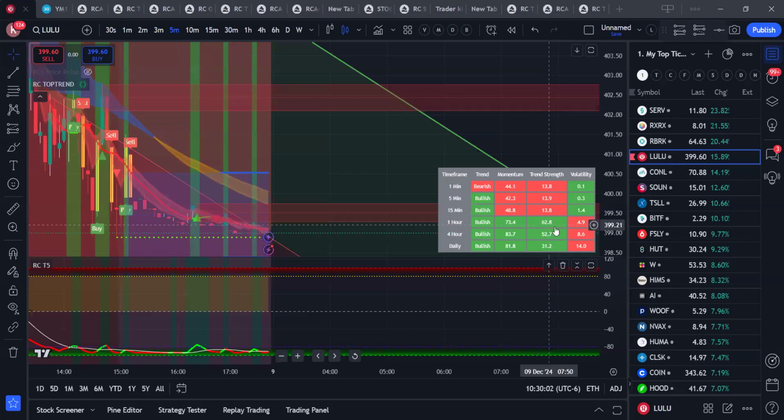The trend strength is above 60, 50 to 31, like that. So even in the smaller time frames, if you see a big trend, that means that is very good for calls. So if this is green, and if the trend strength is above 30, best for the calls. If it is between 20 to 30, it is best for bull put spreads.